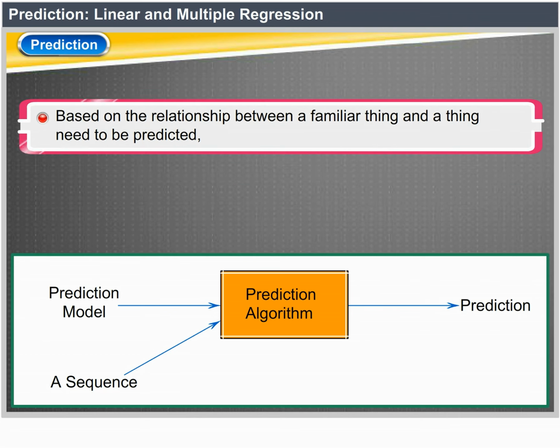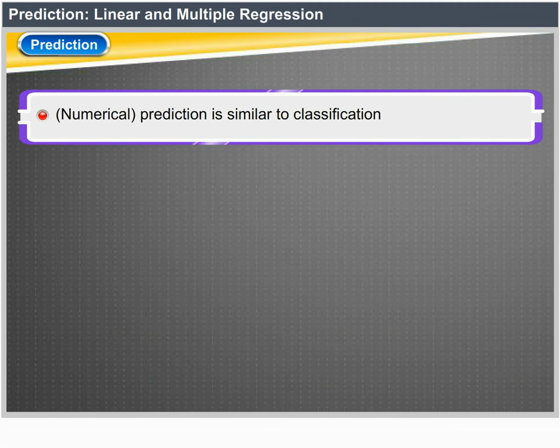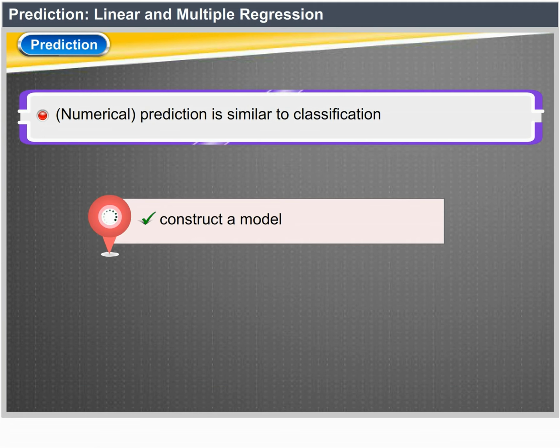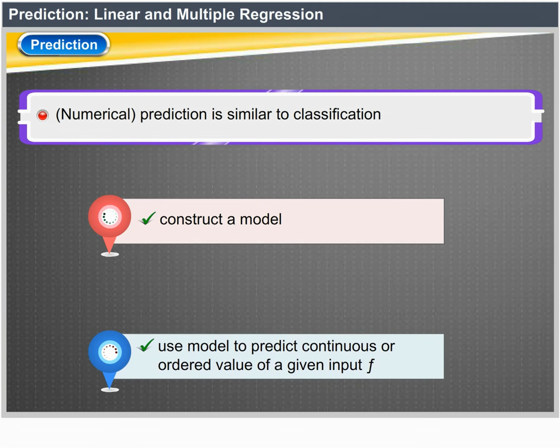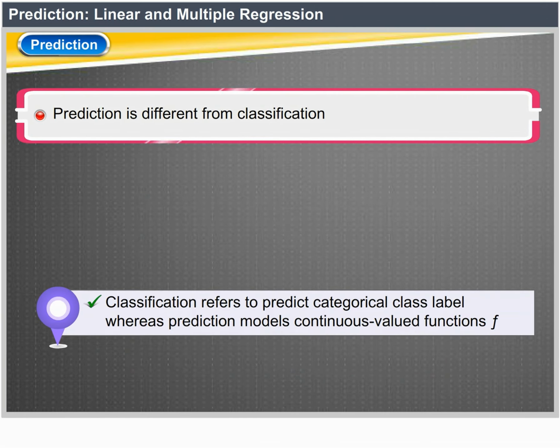Numerical prediction is similar to classification: construct a model, then use the model to predict a continuous or ordered value for a given input. Prediction is different from classification. Classification refers to predicting a categorical class label, while prediction models continuous valued functions.